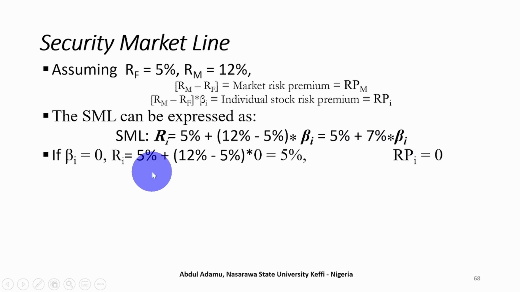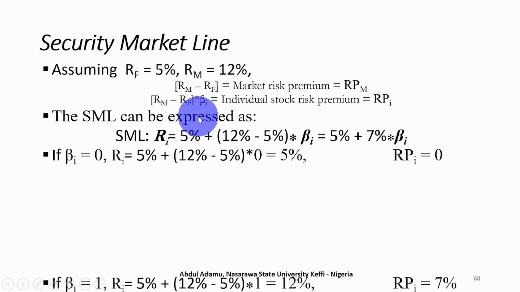If our beta is equal to 0, that means the security is risk-free. So definitely the required rate of return is going to be equal to the risk-free rate. When you plug in the beta of 0, it makes the market risk premium portion equal to 0, which we can see here. So the return on the stock is equal to 5%, the risk-free rate.